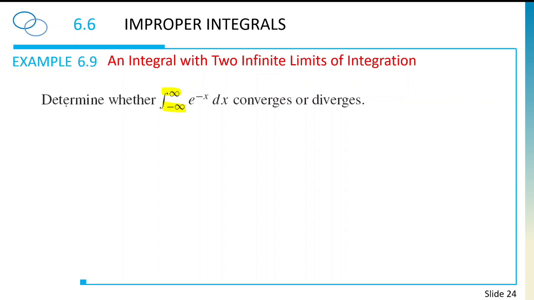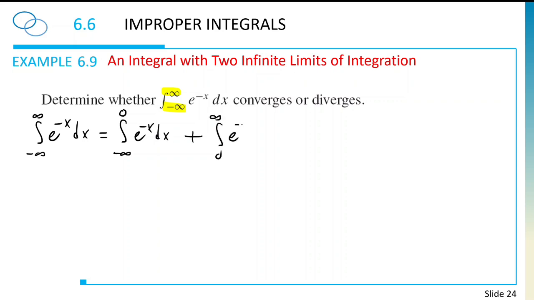Okay, so what will I do? I'll follow the definition. So this is the integration from negative infinity to infinity of e to the power of negative x dx equals, you split with what? I split at 0 again. You could use anything else. Plus the integration from 0 to infinity of e to the power of negative x dx. I'll follow the definition completely.